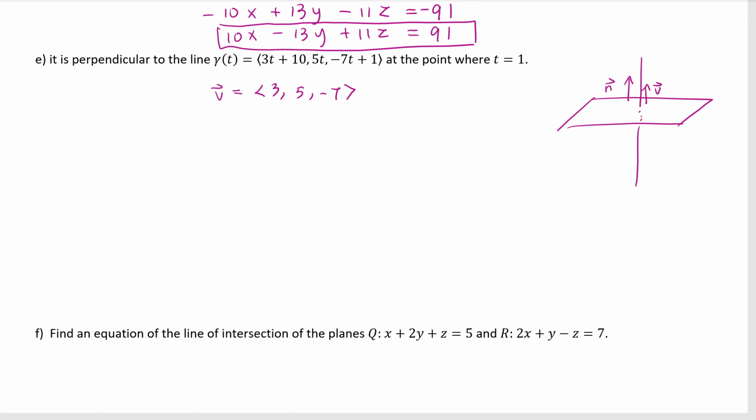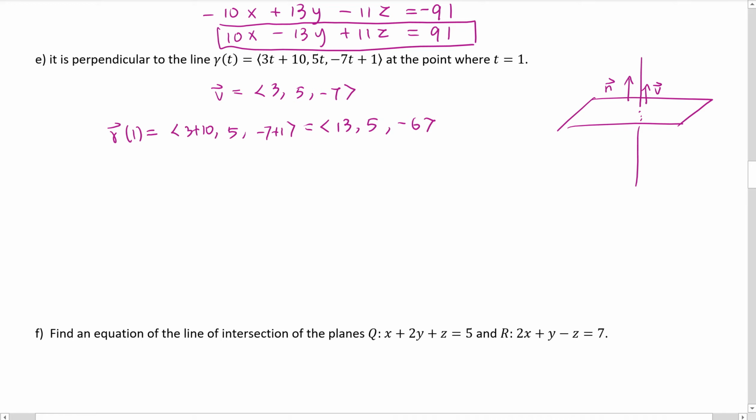So let's see. Gamma of 1 is 3 plus 10, 5, and negative 7 plus 1. So that's 13, 5, and negative 6. So this point is going to be on the plane, right? So we have the normal vector.